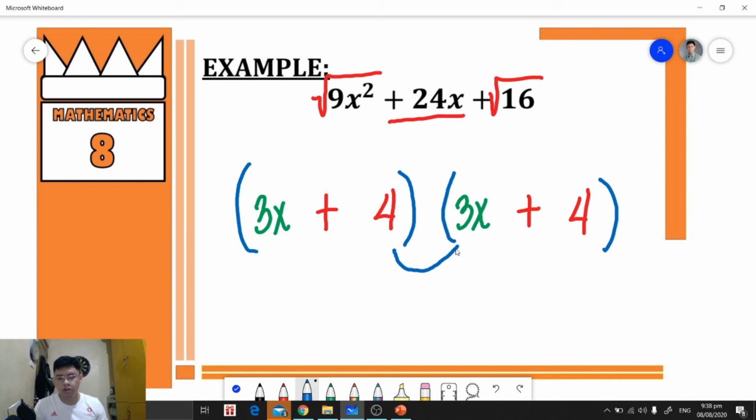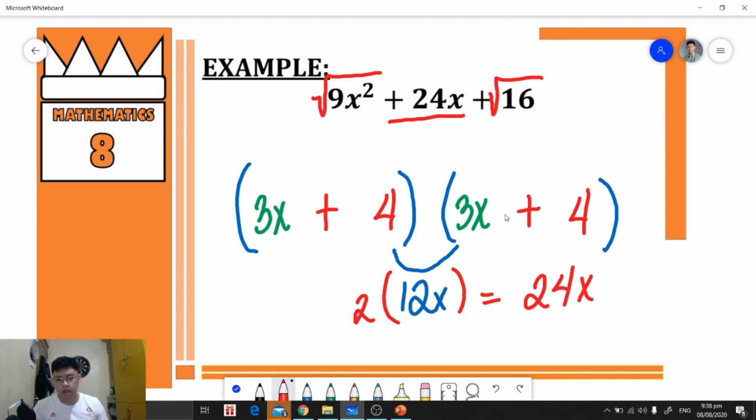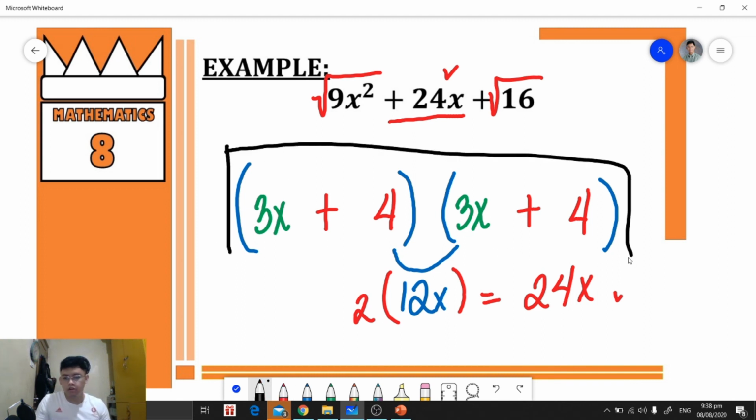So 4 times 3x will be equal to 12x. Then we will double the result, and it should be equal to our middle term, which is 24x. Since we have the same middle term, this will be our factor of the trinomial.